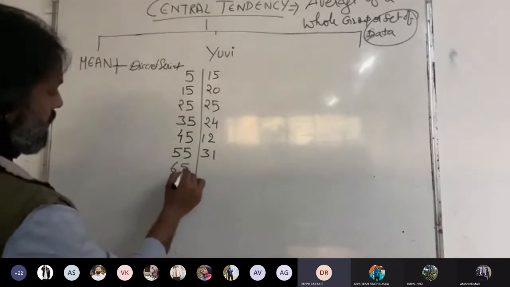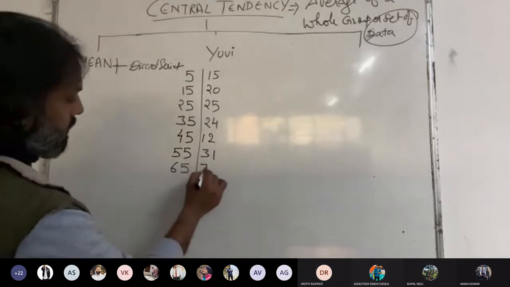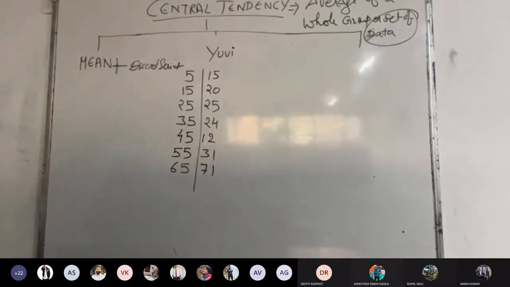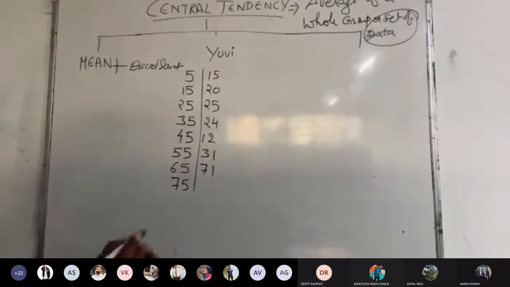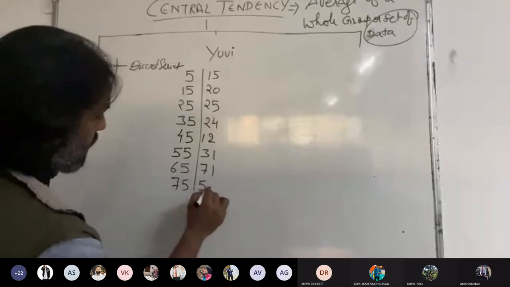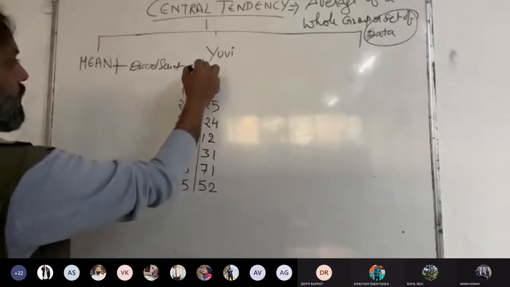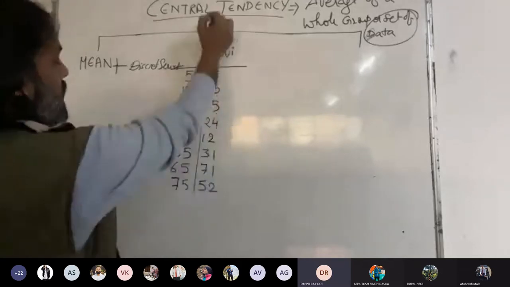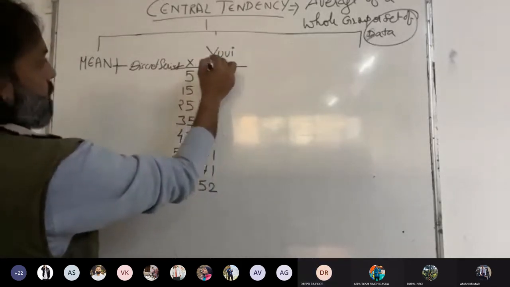He is a batsman of a high caliber. He scored 65 runs 71 times. And he scored around 75 runs in 52 times. So this is X and this is F.